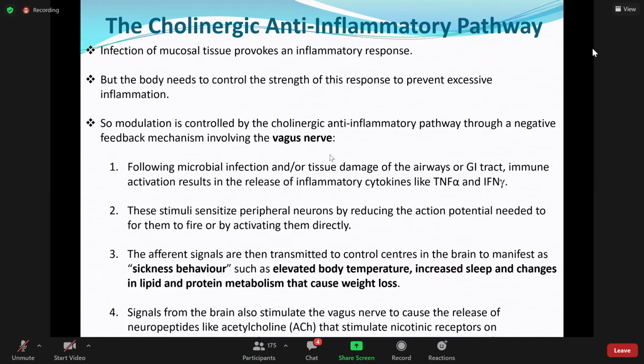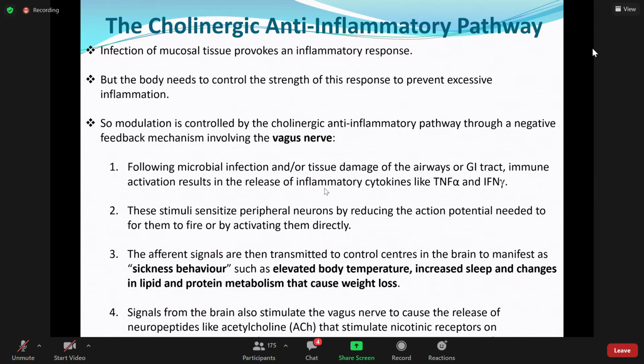This is part of the parasympathetic nervous system, because when you have an ongoing inflammatory response, once that immune response has been generated to deal with the infection, you need to downregulate it, but you also need to make sure it doesn't go on unchecked, because as I said, it can result in damage of normal tissues.